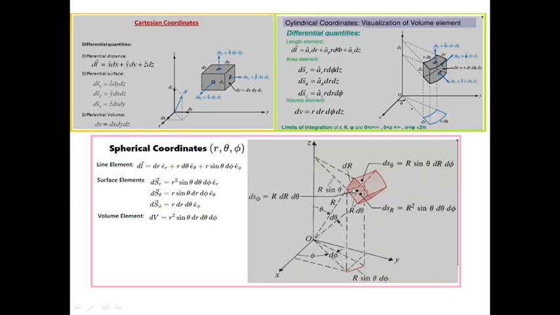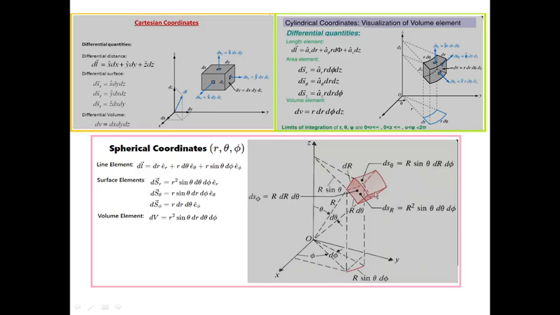So the elemental length will be dr along r hat, plus r d theta along theta hat, plus r sin theta d phi along phi hat. Here a_r hat is equivalent to r hat, a_theta hat is theta hat, and a_phi hat is phi hat. Now the surfaces: 6 surfaces are here also.